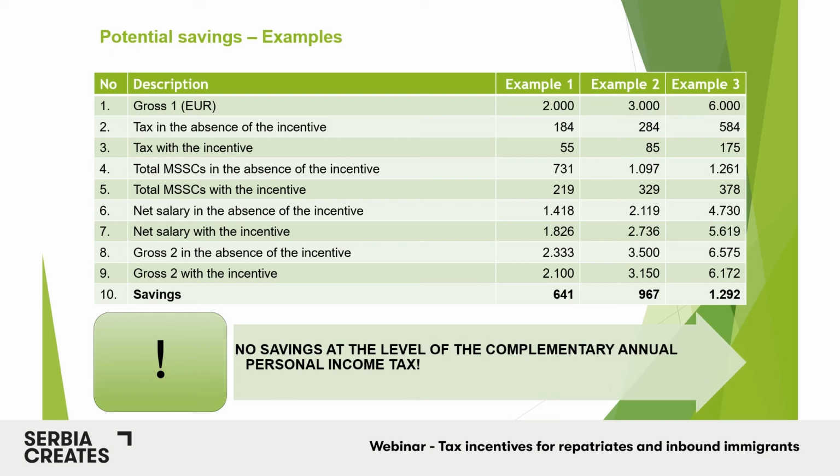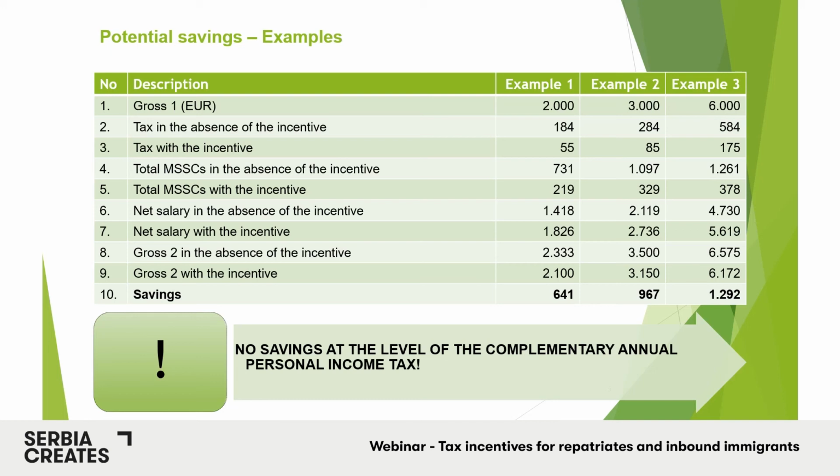All in all, the incentive enables you on a monthly basis to have a saving of 641 euros on a gross salary of 2,000 euros. You are enabled to provide your employee with a higher net salary by more than 400 euros, while your total cost of this gross salary drops by almost 250 euros.